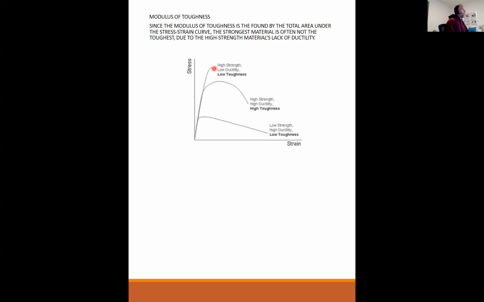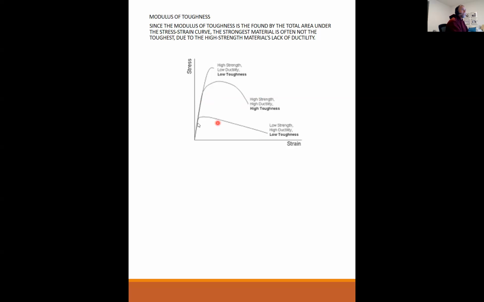The middle ground, this middle stuff here, are your structural steels, like A572 grade 50 for buildings, and like A706 grade 60 KSI rebar for concrete. That would be an example of high strength, but very good ductility. So you have a good toughness in these steels here.